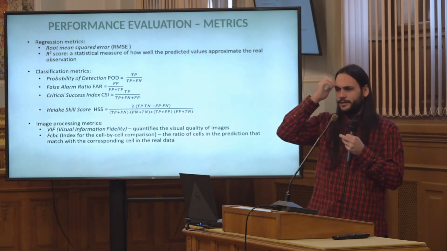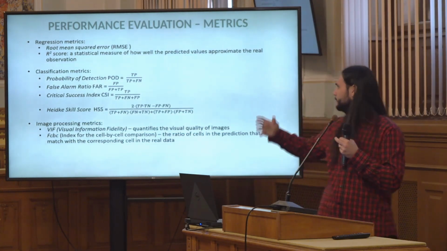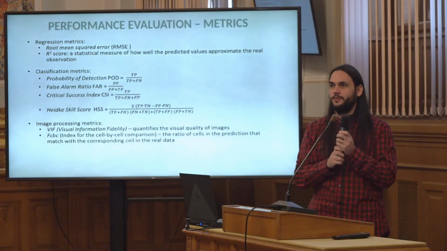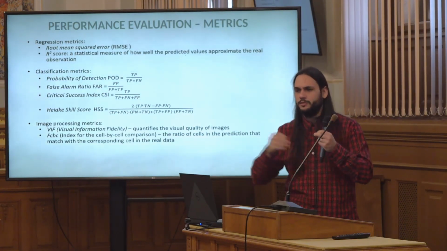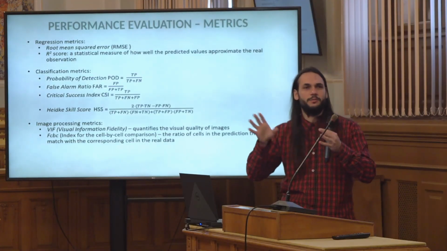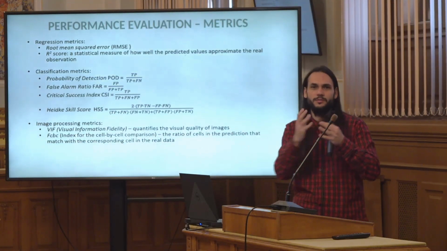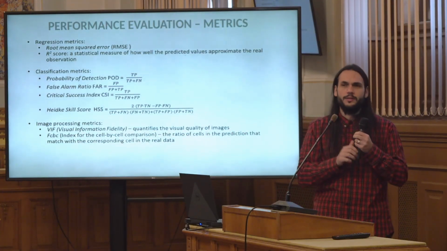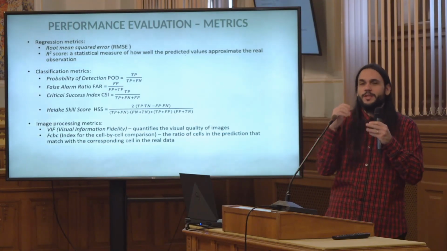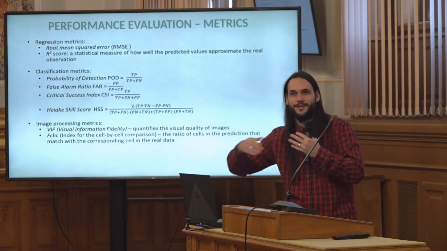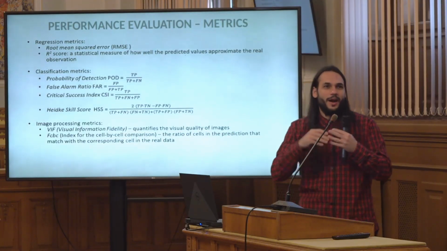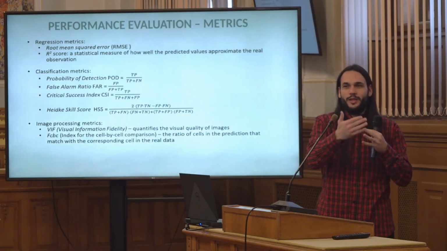So we have here three sections of formulas. Two of them, like root mean squared error or even R squared, are very much used in computational science, right? But these aren't really made for weather forecasting or for nowcasting, and aren't really that good for that case.